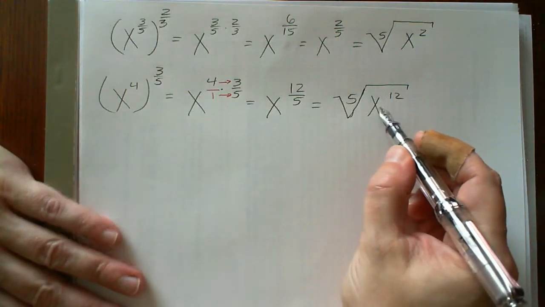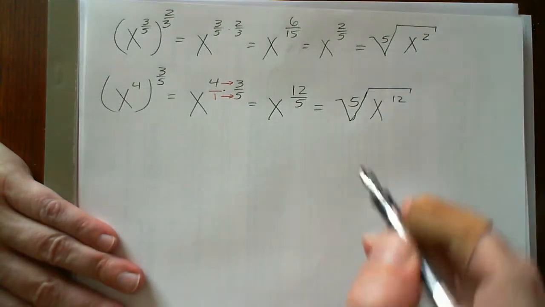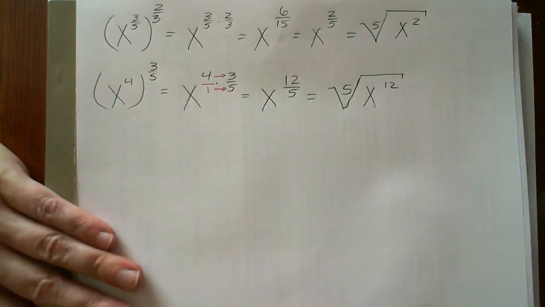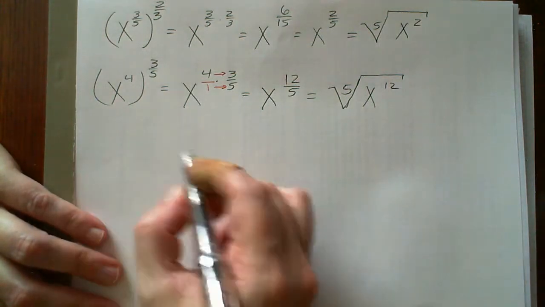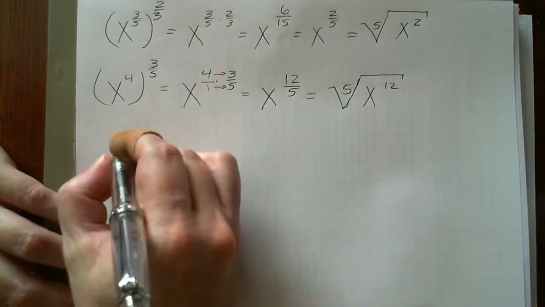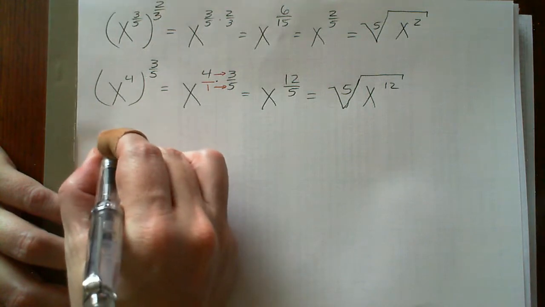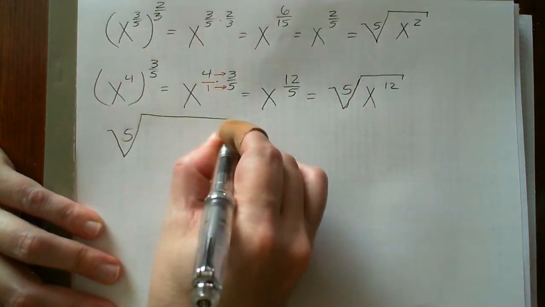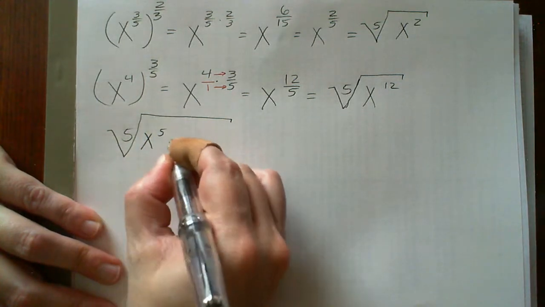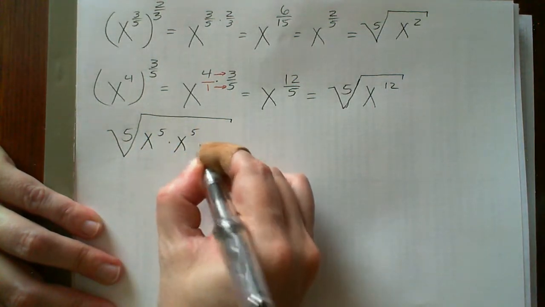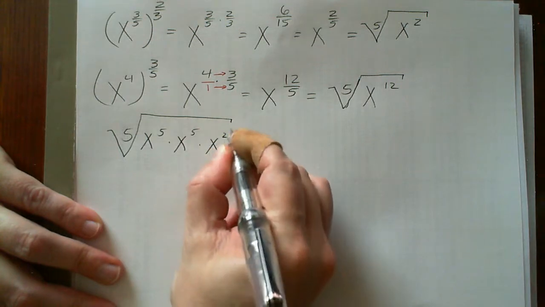Well, what we're going to do is write x to the 12th in an equivalent form that will help us recognize what we have 5 of. In this case, we have a couple things. So 5th root. Now, instead of x to the 12th, I'm going to write x to the 5th times x to the 5th times x squared.